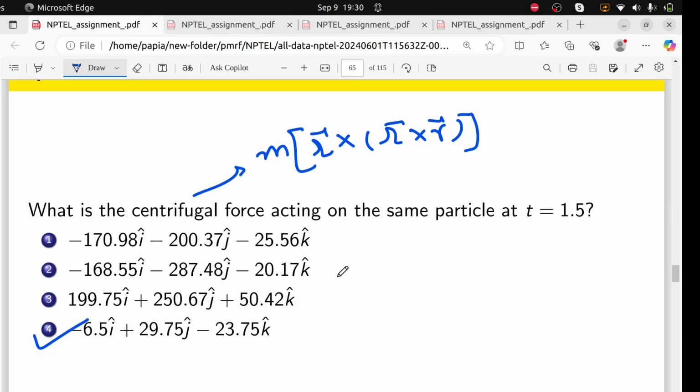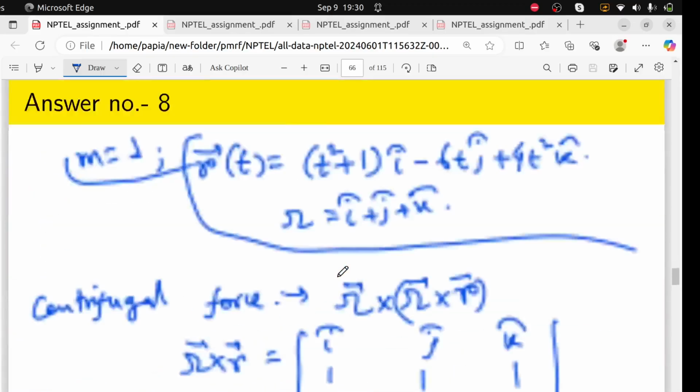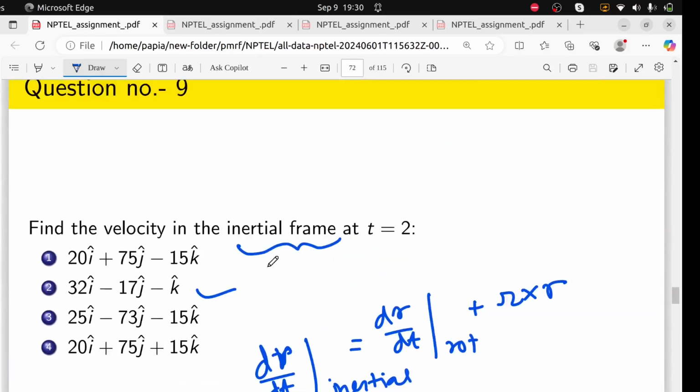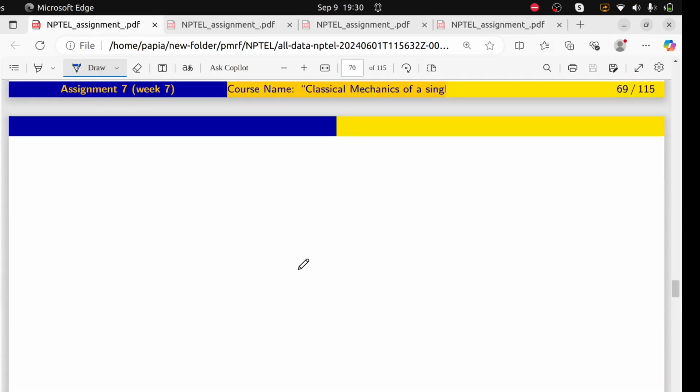So the centrifugal force is this one. For velocity in the inertial frame, the velocity in the inertial frame equals the velocity in the rotational frame plus omega cross r. So that should be there.